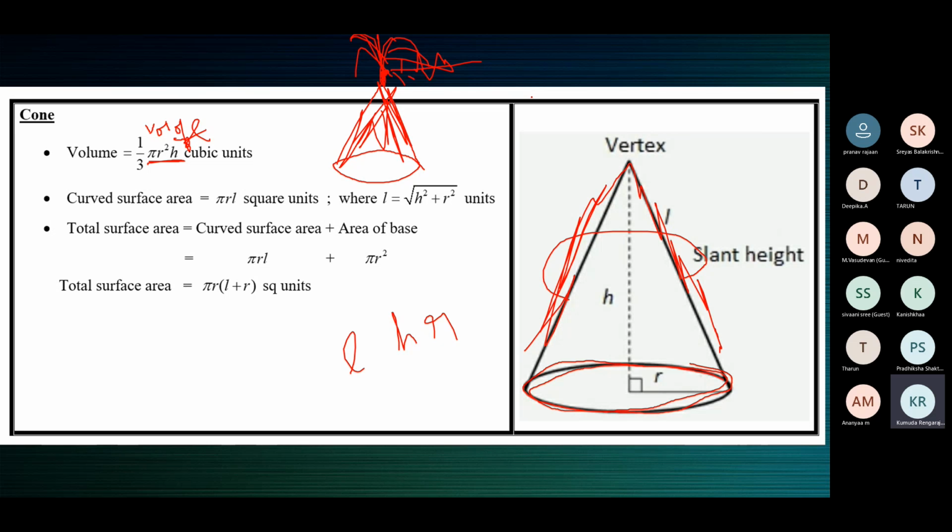You compare a flower pot and an ice cream cone. I told you, this is a night cracker which is burned during Diwali, not the flower pot.